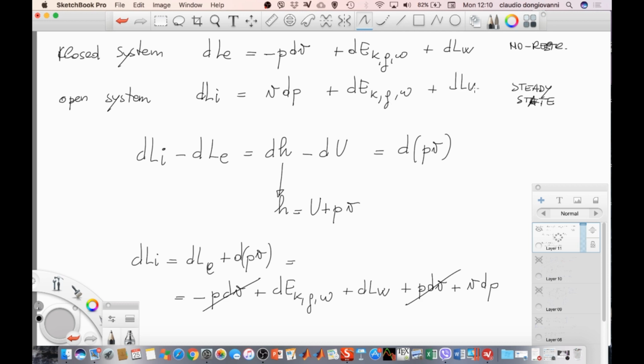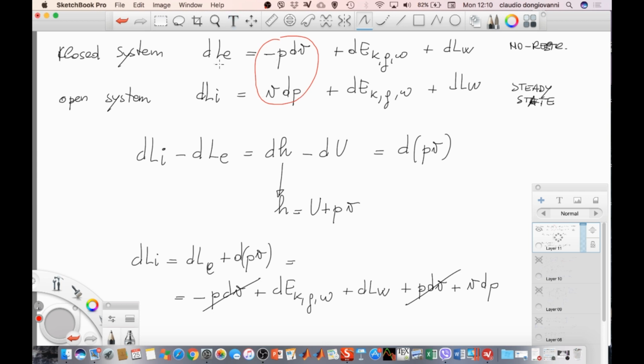They are very similar, another time. The only difference is that. So it's very simple to remember. Remember that by providing shaft work to a machine, you increase the pressure: dLi equal to V dP. This is to remember the sign.